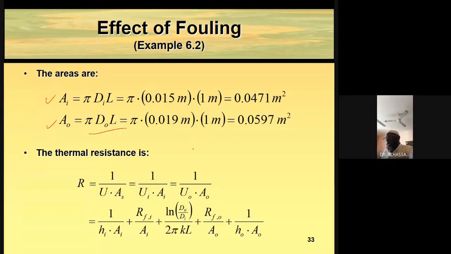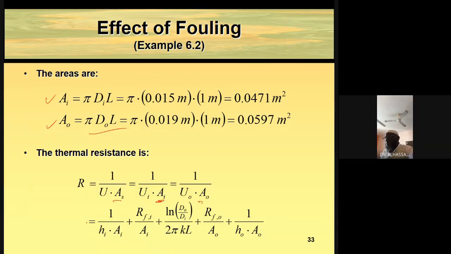So now, if we have to determine the total thermal resistance, it equals 1 over the overall heat transfer coefficient and the surface area of the heat exchanger. We can calculate with respect to the inner surface area of the cylinder or the outer surface area of the cylinder, whichever way it's going to be the same.